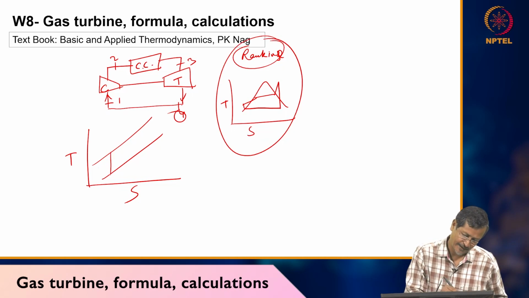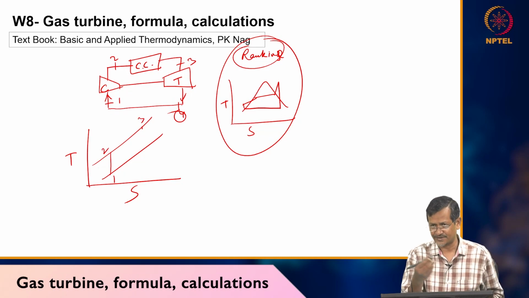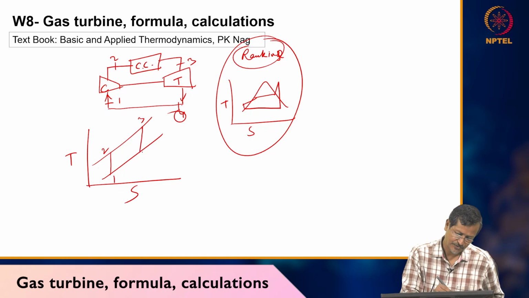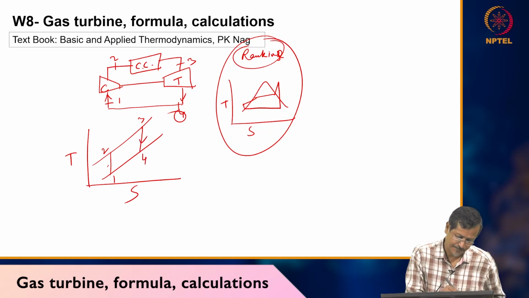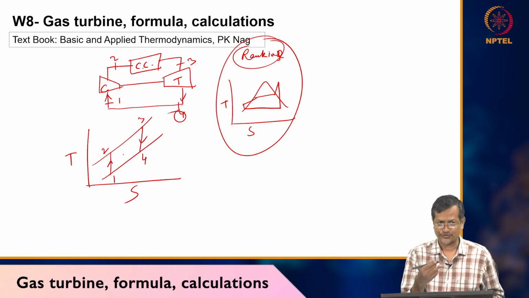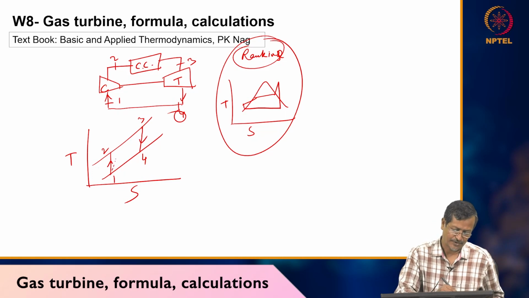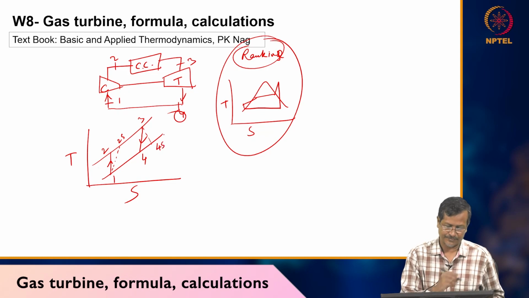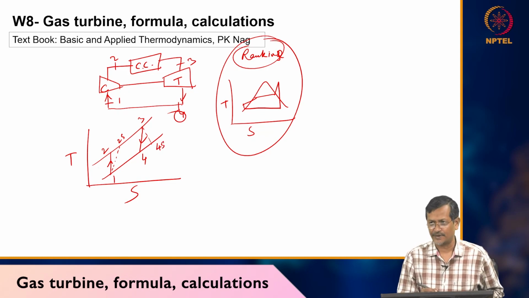We have the compressor, and the peak or highest temperature will be at 3, after combustion. In the IC engine also you have seen that after combustion we get the highest temperature. 3 to 4 is your turbine. 1 to 2 we are assuming isentropic. If it is not isentropic, then you can put 2s and 4s. This is your simple gas turbine system.